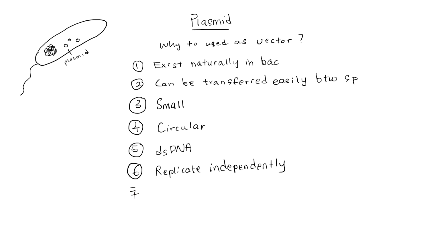Last point, why it is used as a vector, because they contain special genes that contain antibiotic resistance genes. So these antibiotic resistance genes can act as a gene marker.